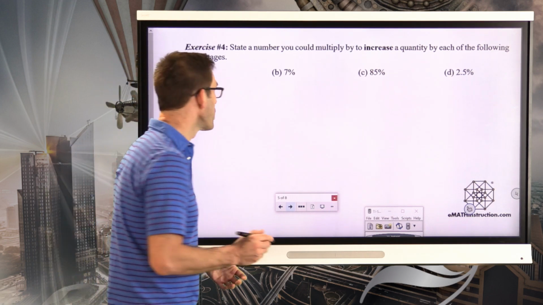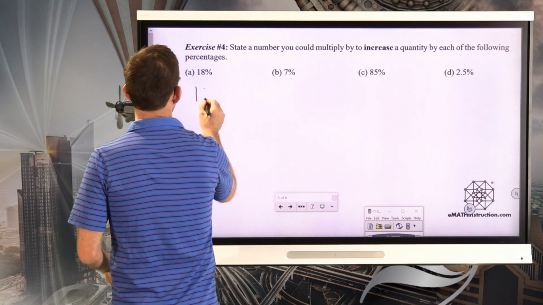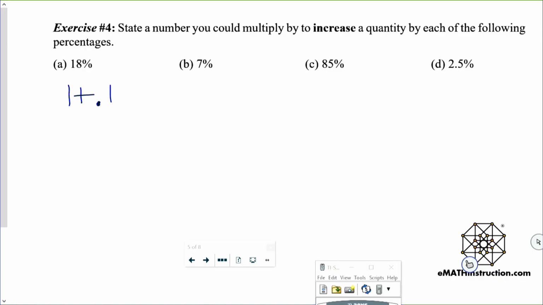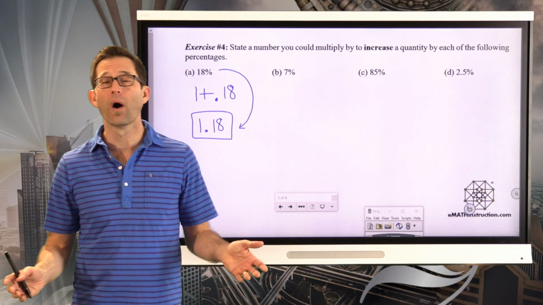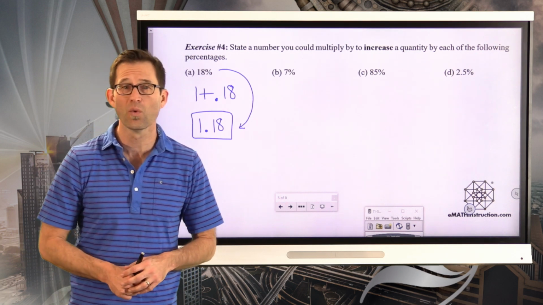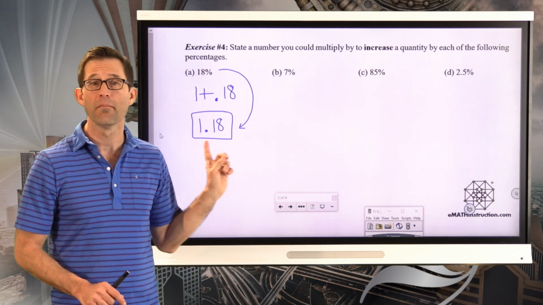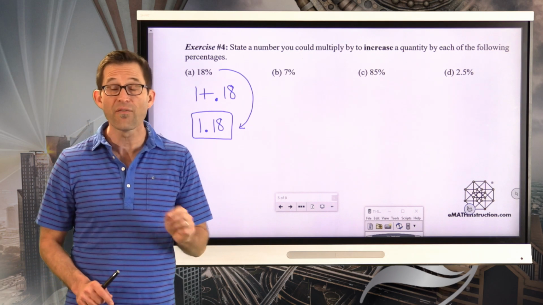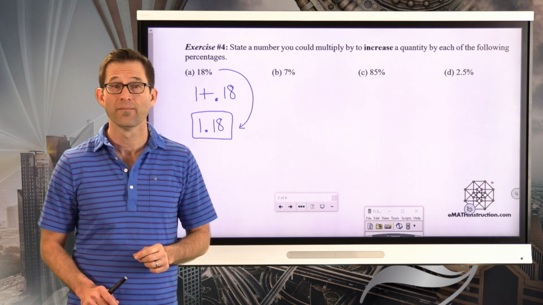Or I could multiply by the following: 1 plus 0.18, which is 1.18. This will increase whatever quantity, a temperature, a salary, the number of people in a high school, whatever. This will increase it by 18% if I multiply by 1.18.